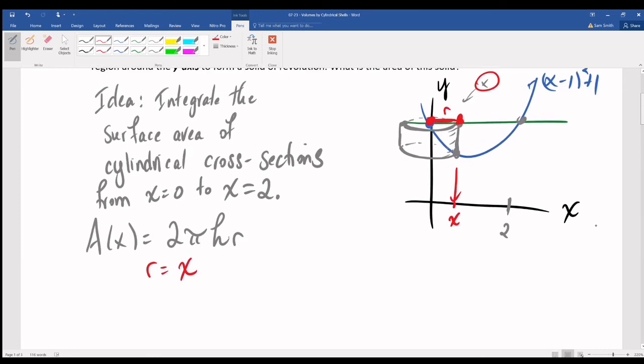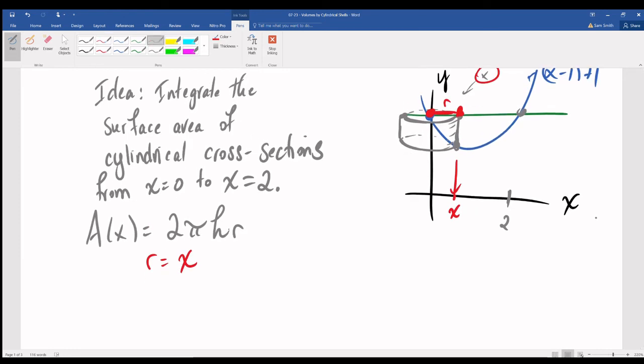So now, let's go ahead and try and figure out what h would be. What is the height of this cylinder? Now, look at this drawing. The height of the cylinder goes between a lowest point, which is located on the blue graph, and a highest point, which is located on the green graph. The height of the cylinder is the difference between those two output values.